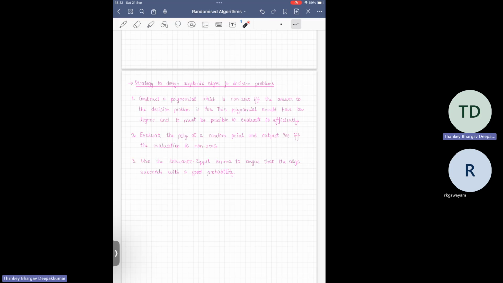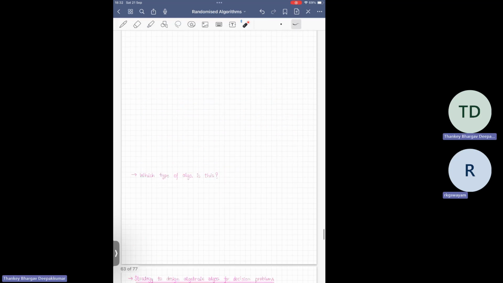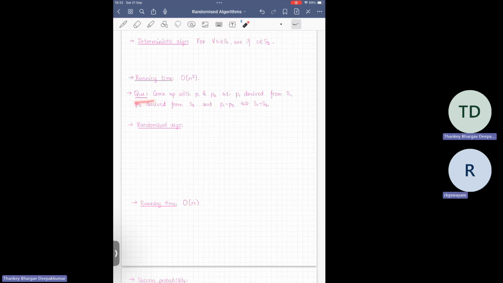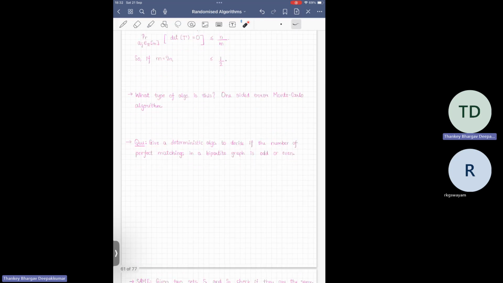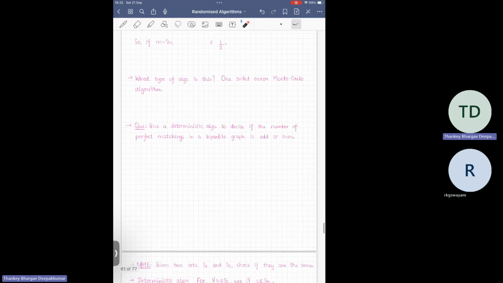From 5 to 6:30 we would talk about the Miller-Rabin primality test, and from 6:30 to 7:30 we'll have a problem solving session. One of the problems would be this, another is this. Basically all the problems which are marked as questions, I will go through these problems.